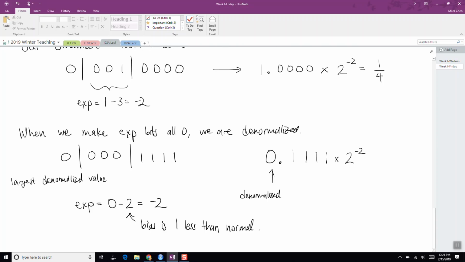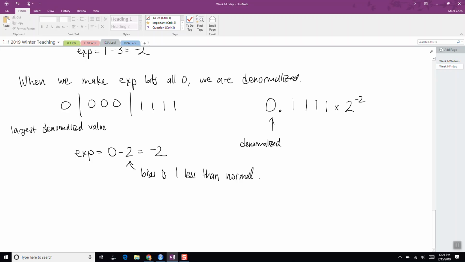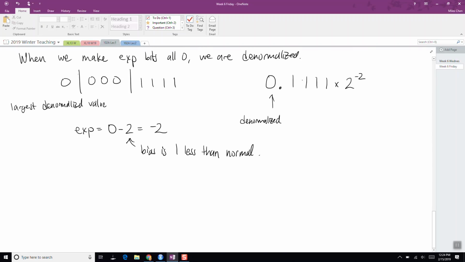All right, and so what does this become? If we look at this in denormalized, this is 0 plus 1/2 plus 1/4 plus 1/8 plus 1/16, okay? Times 2 to the negative 2, so 1 over 4.